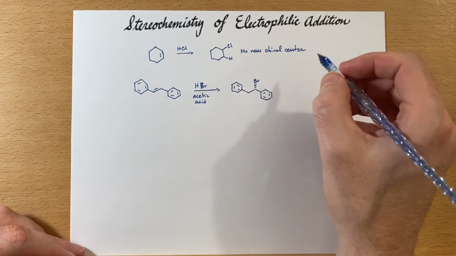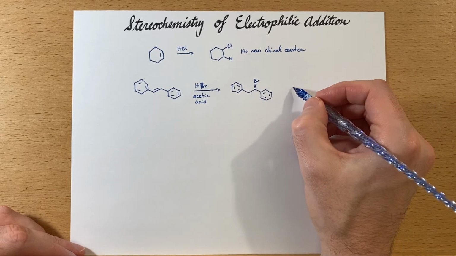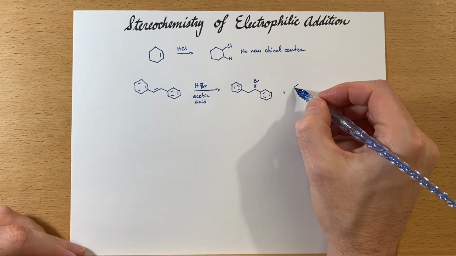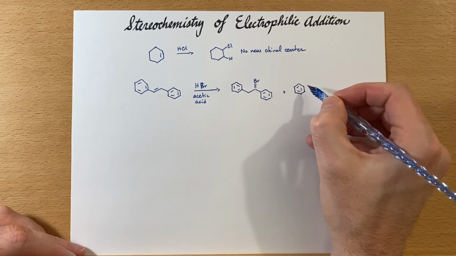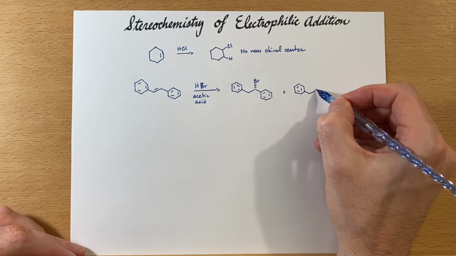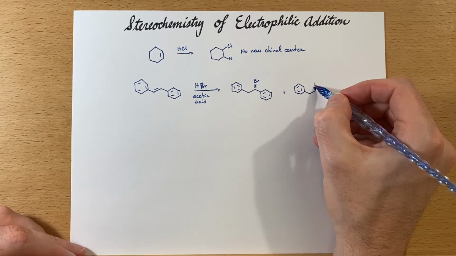So we'll have this one, and then of course the corresponding one where this is solid. And again, because there's nothing differentiating these two, we will get a racemic mixture, or an equal amount of these two isomers.